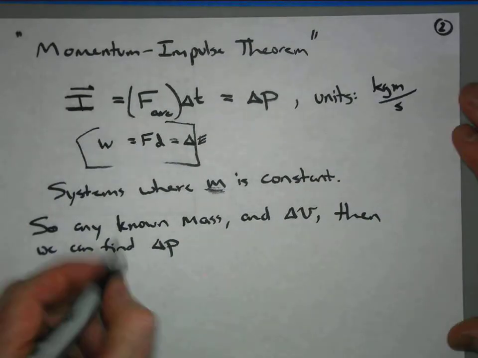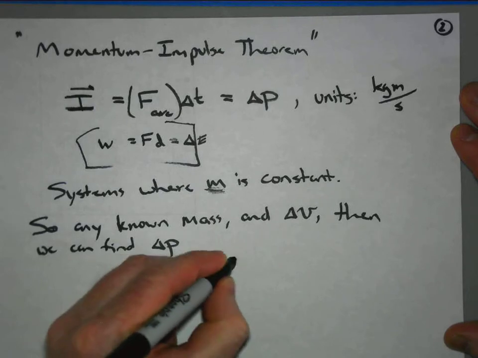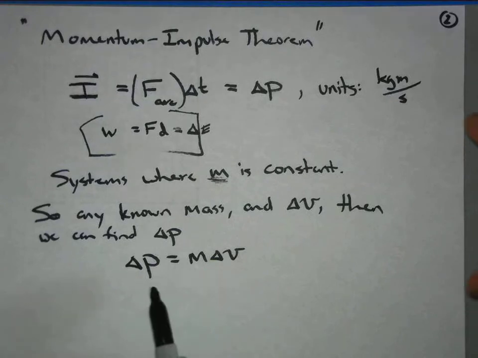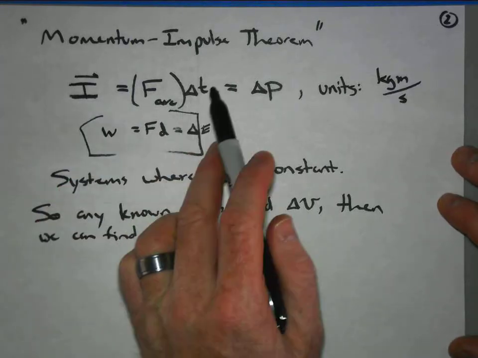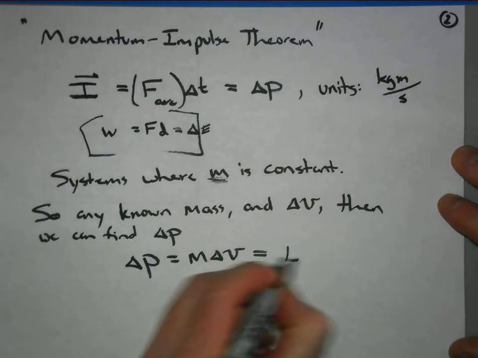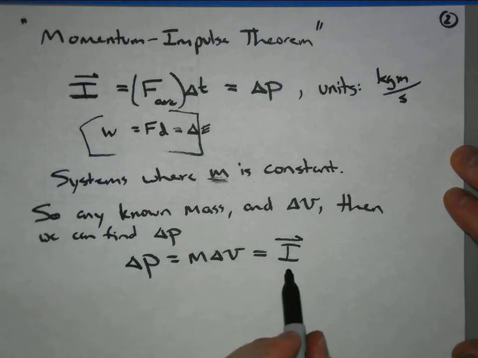And this is a very simple thing to see. And we'd have units here, again, of kilogram meters per second. But since we have this momentum impulse theorem, this is also equivalent to your impulse. And so we'd be able to find that just as easily.